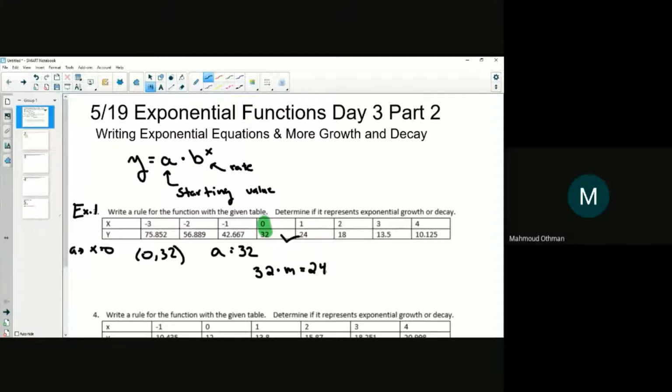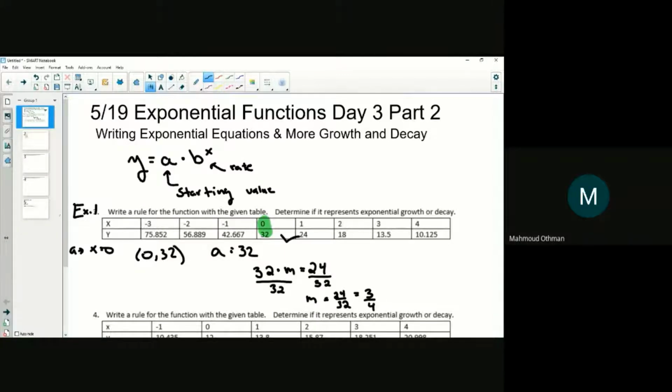Use any variable, to be honest. Solve this as we would a one-step equation. We should know how to do that. 32 m equals 24, m equals 24 over 32, which reduces to 3/4.